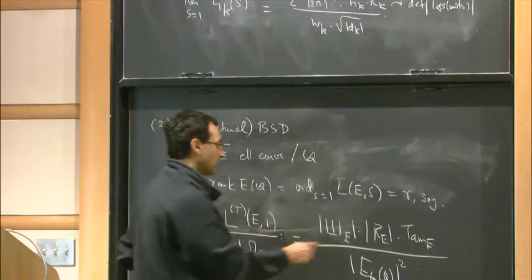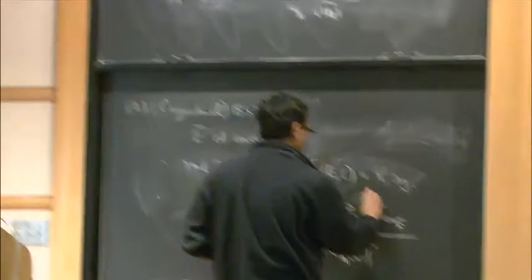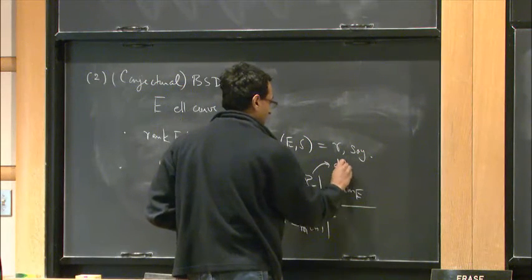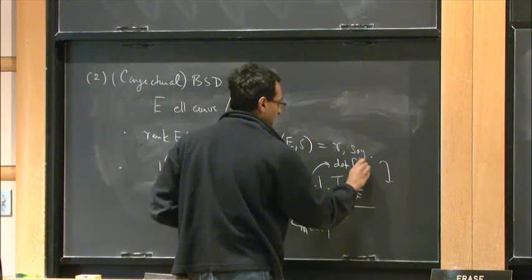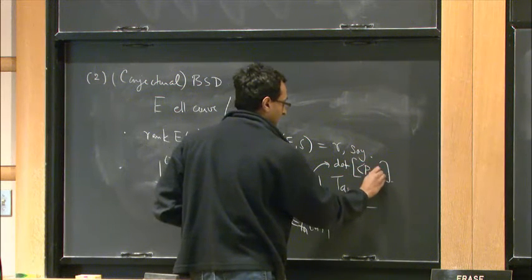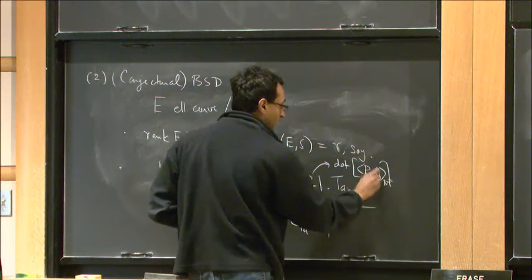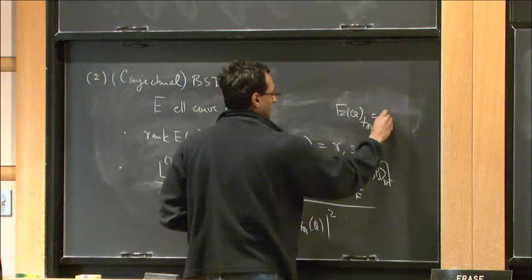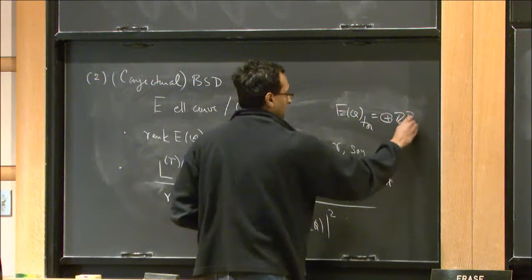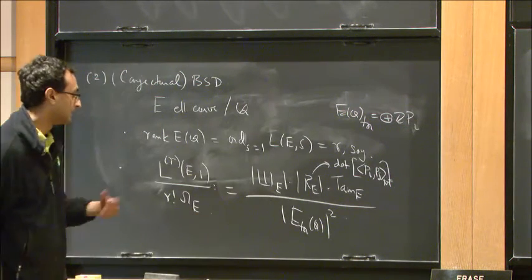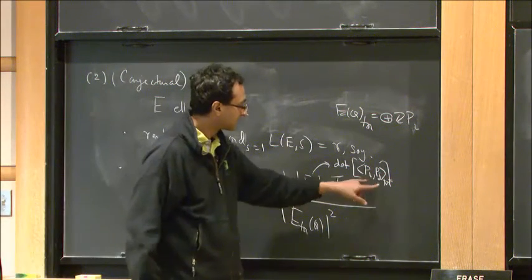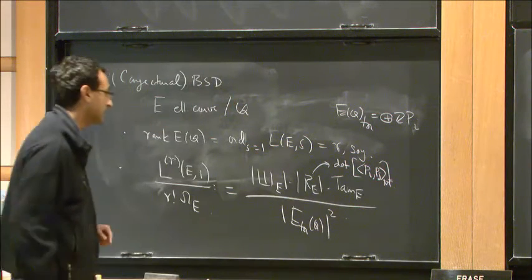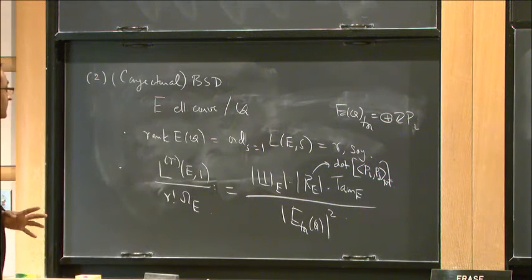And here, likewise, you have a regulator, and this is also a determinant. And what you put in there is the Néron-Tate height. You take a basis for E(Q) mod torsion, and then take the matrix whose entries are ⟨p_i, p_j⟩, where you use the Néron-Tate pairing, and then take the determinant of this thing.